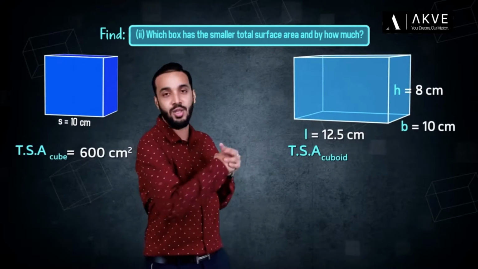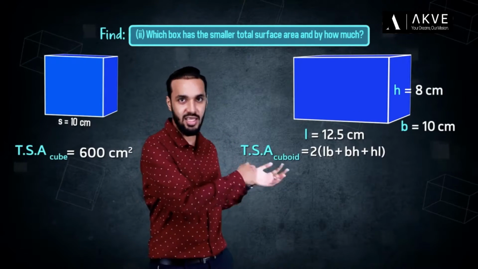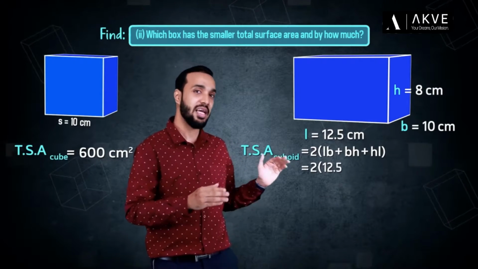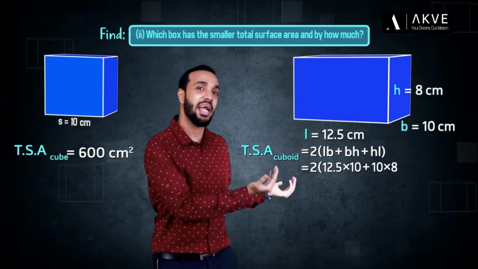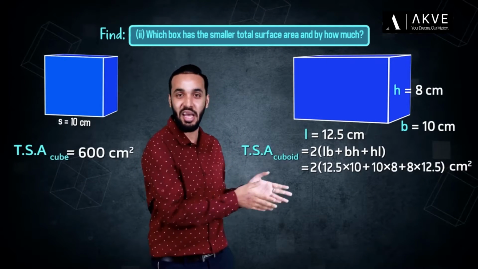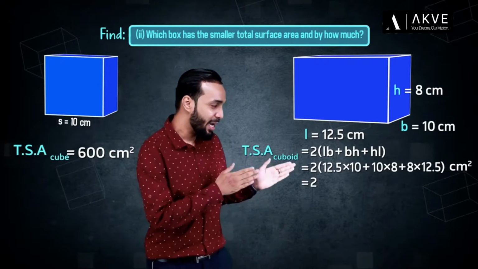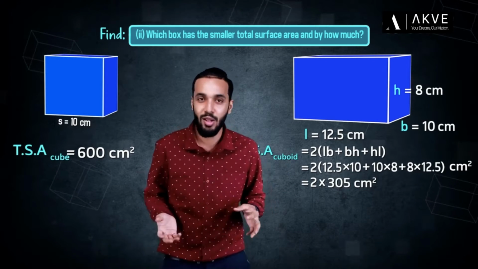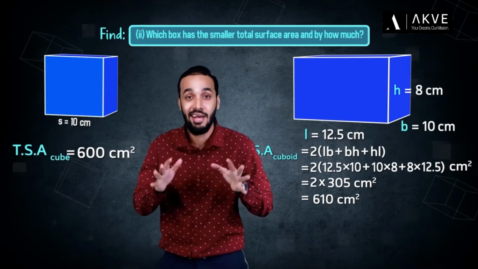And for this cuboid, its total surface area would just be 2 into (LB plus BH plus HL), which is the same as 2 into (12.5 centimeters into 10 centimeters plus 10 centimeters into 8 centimeters plus 8 centimeters into 12.5 centimeters). On simplifying the bracket, we would arrive at 2 into 305 square centimeters, which, as we all know, is nothing but 610 square centimeters.